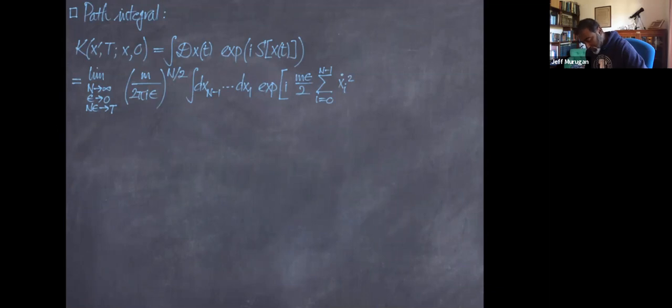So that's just a half m v squared, a half m times the velocity squared, and the epsilon here comes from discretizing the integral, and the sum comes from discretizing the integral. Okay, any questions?